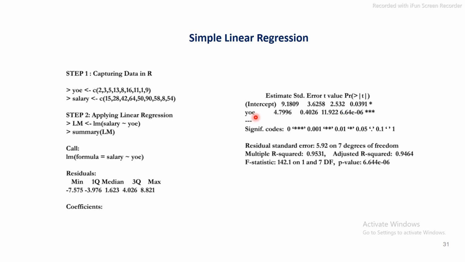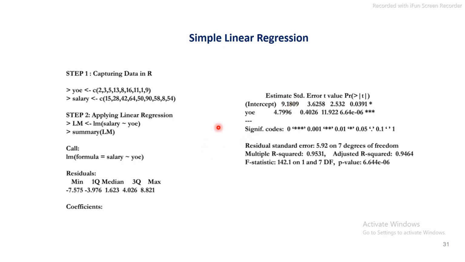So YOE is the coefficient of years of experience. We will multiply by 4.79, or we can say 4.80 into YOE, plus error is 0.426. Or sorry, the intercept is 9.19 or 9.18.